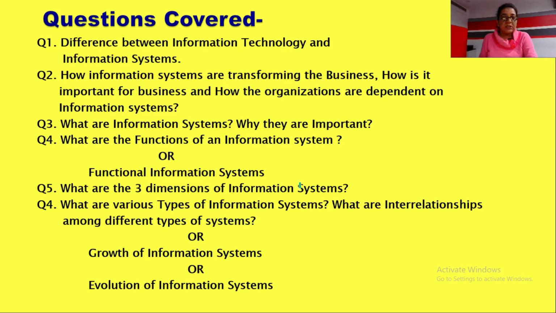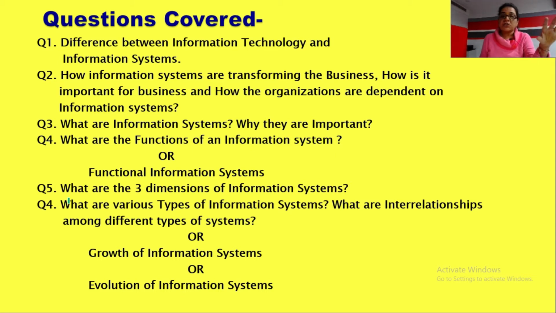That is difference between information technology and information systems first. How the information systems are transforming the business, how is it important for business, and how the organizations are dependent on the information systems. What are information systems? Why they are important? Their definition formally.